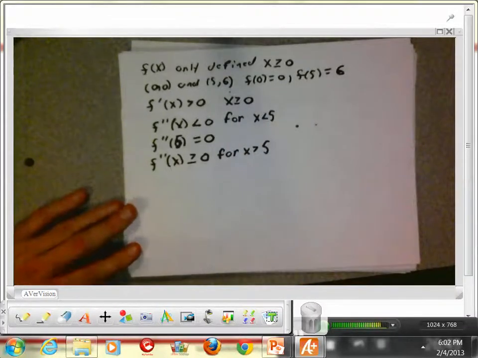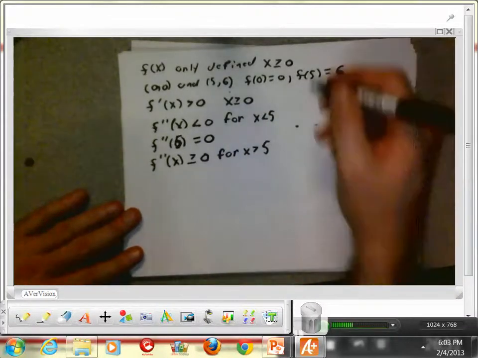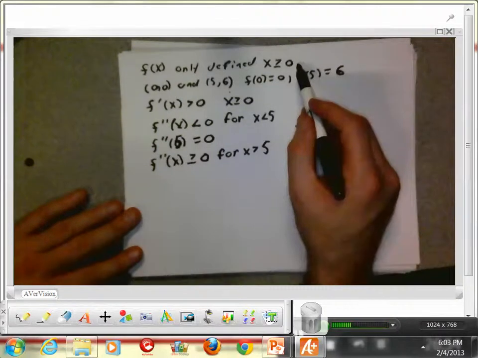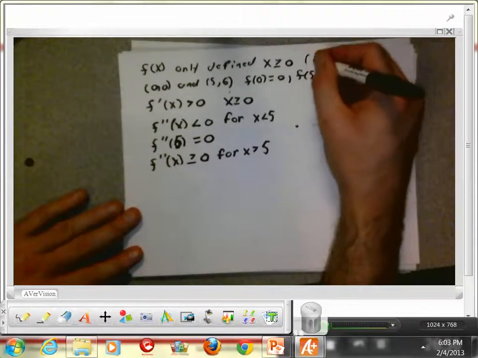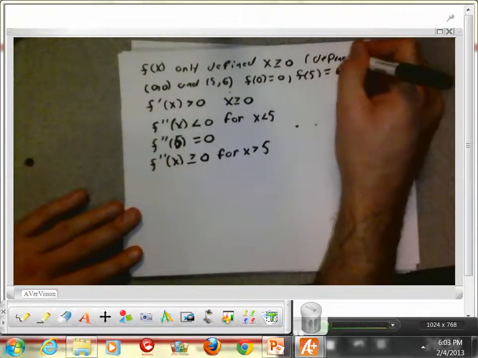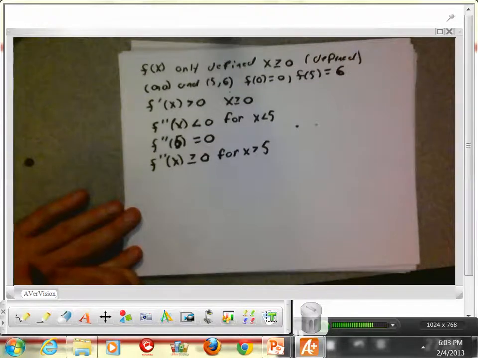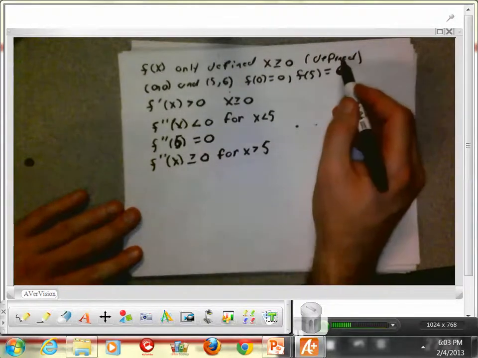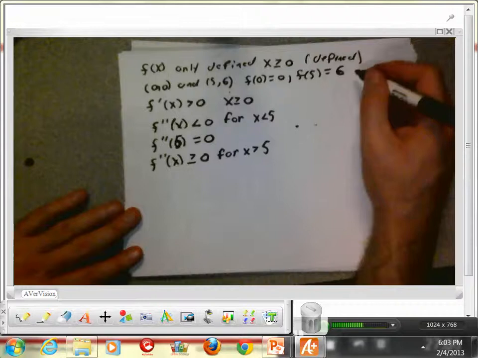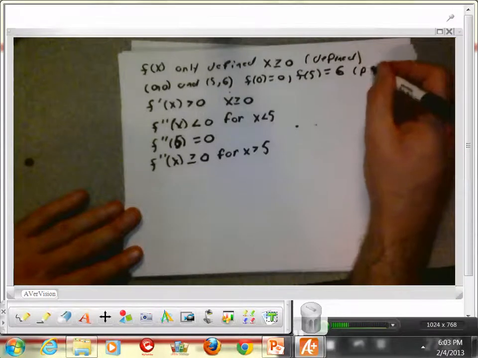Okay, before we draw this, the first condition tells us where the function is defined. Right? So we're plotting on the positive x-axis. The second one is just some points on the graph that we're going to plot.